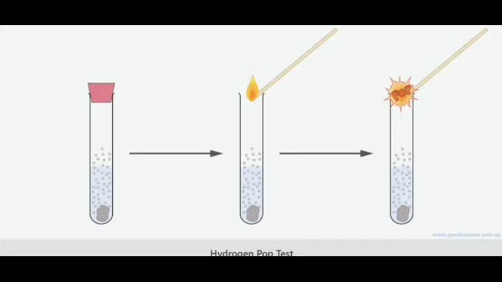This happens because when hydrogen gas is produced in this test tube during the reaction between the acid and metal, it does not have any other place to escape other than the mouth. So it moves towards the mouth of the test tube and it burns and also collides with the air which is present around the mouth, and this colliding produces the pop sound.